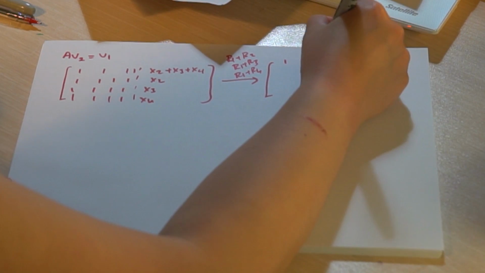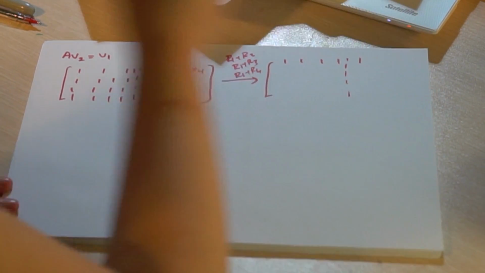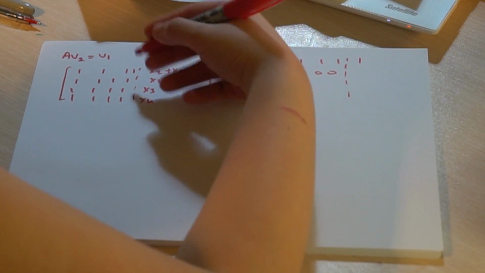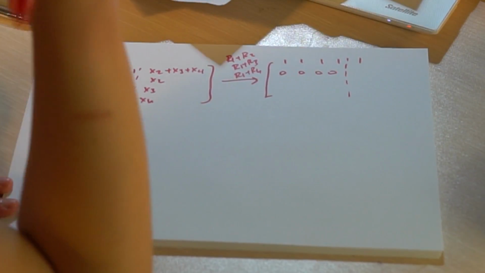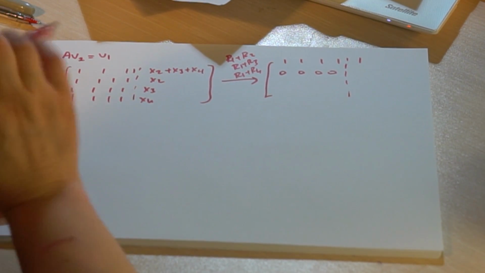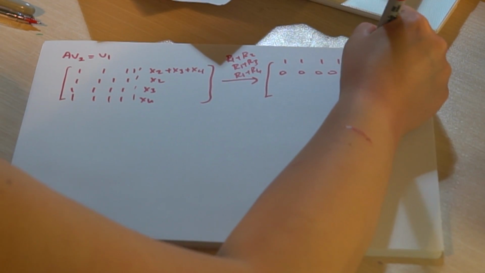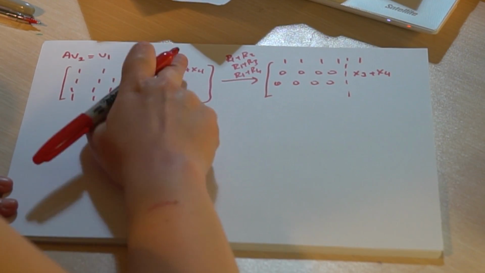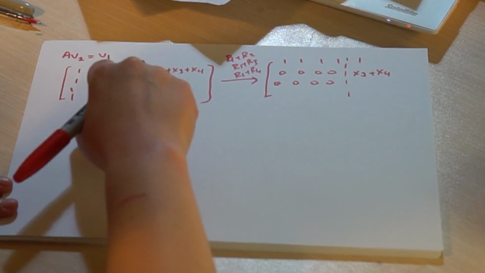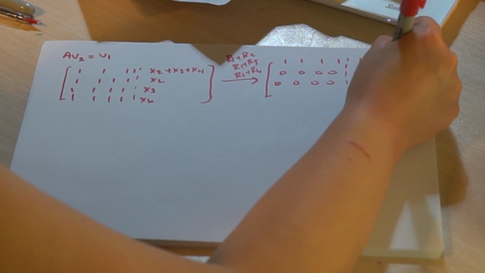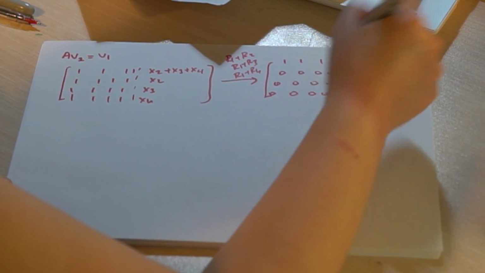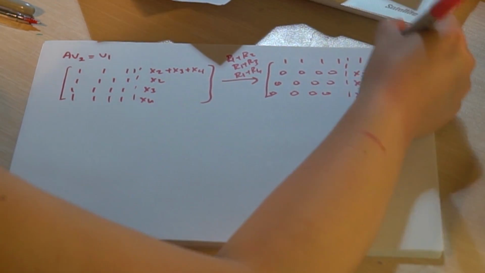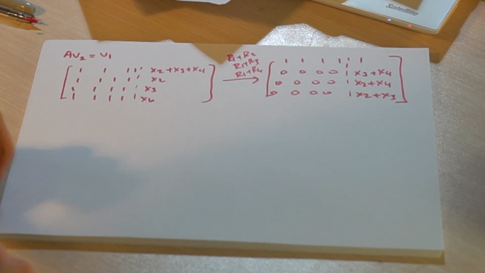So we will have 1, 1, 1, 1, 1, and then x2 plus x2, which is 2x2, is 0, so we will have x3 plus x4, and again x3 plus x3, 2x3, which is 0, so x2 plus x4, then x2 plus x3.